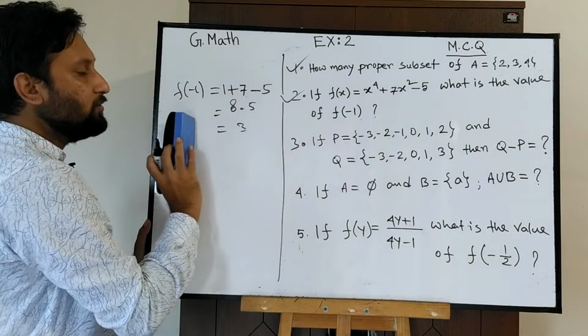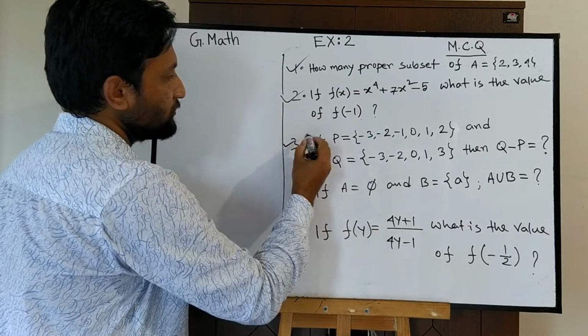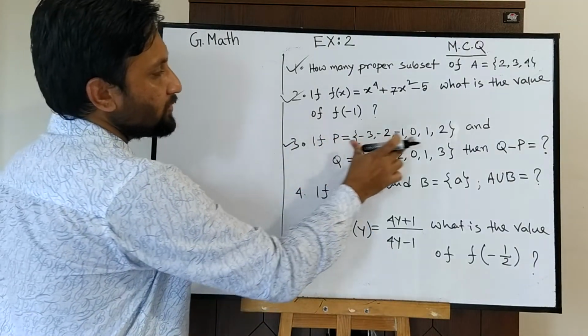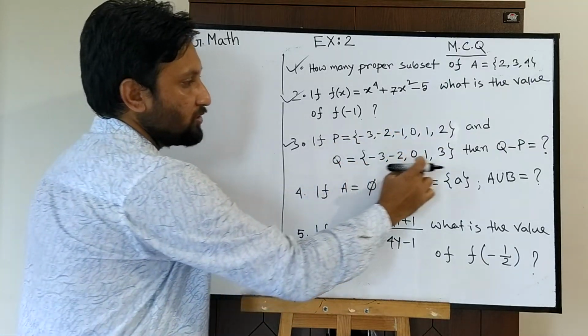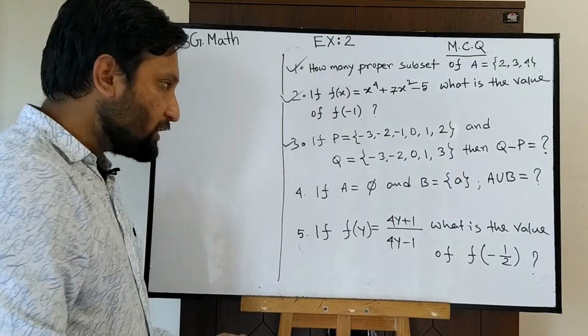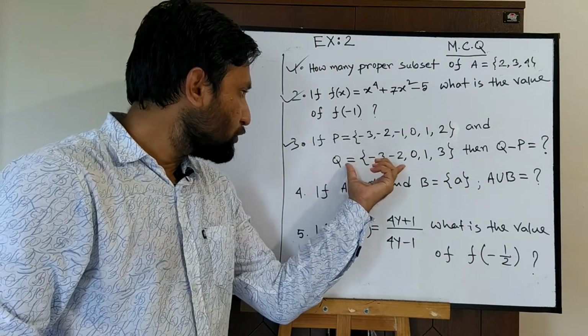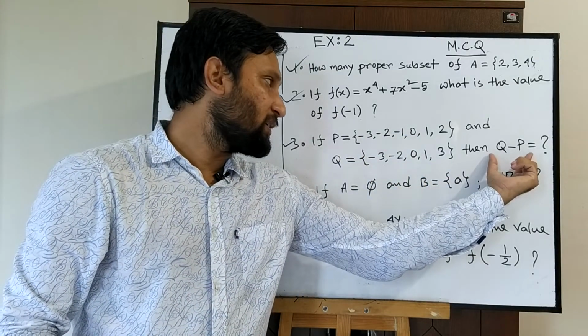Then question number 3. If P is the set with these elements and the set Q is given, we have to identify Q minus P. If you subtract P from Q, then you get the answer.